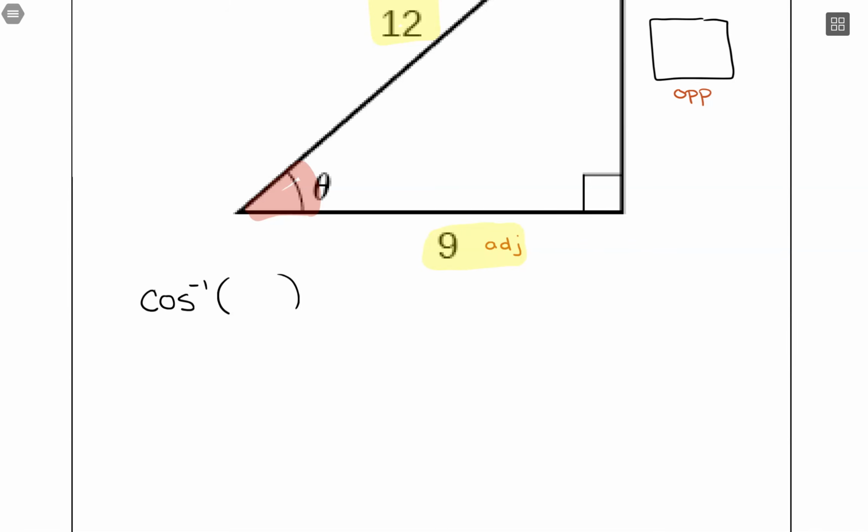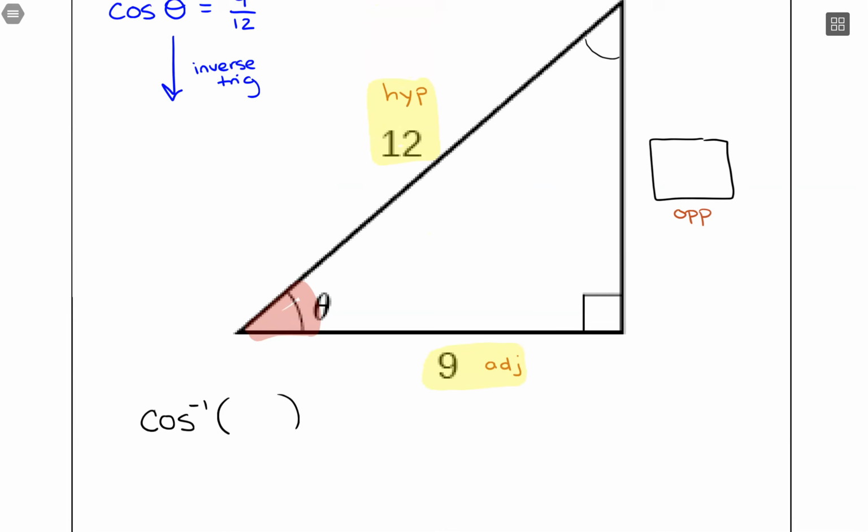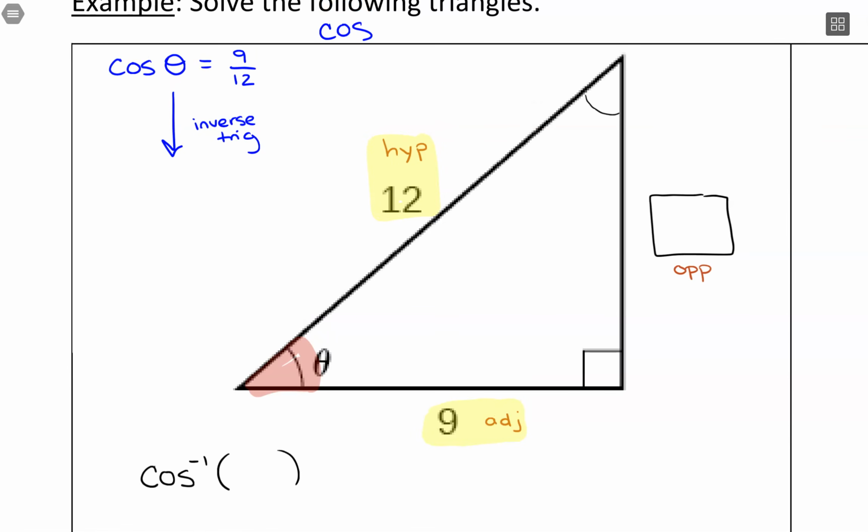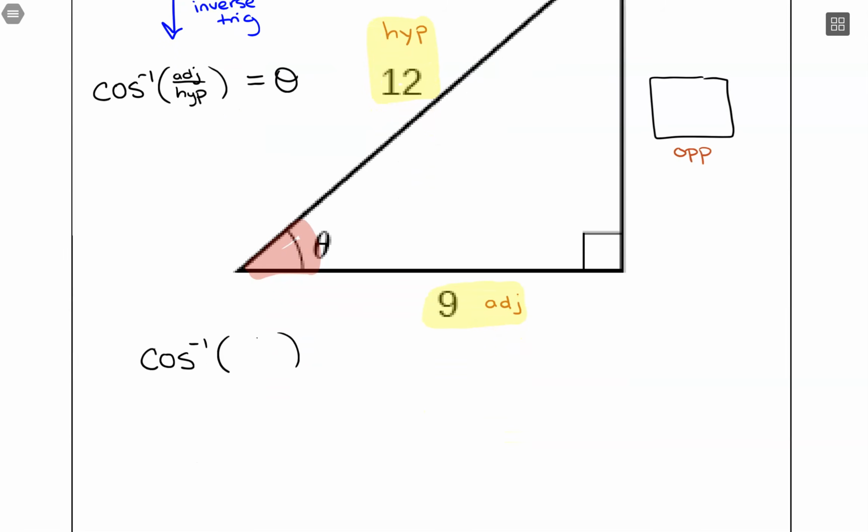It's more that the input for our function here is this ratio of adjacent over hypotenuse. So with the inverse cosine function here, I'm taking inverse cosine. Inside, I'm seeing that ratio of adjacent over hypotenuse, and what we're solving for is the angle measurement. So for us, this would be 9 over 12, and that is going to be equal to the angle measurement.